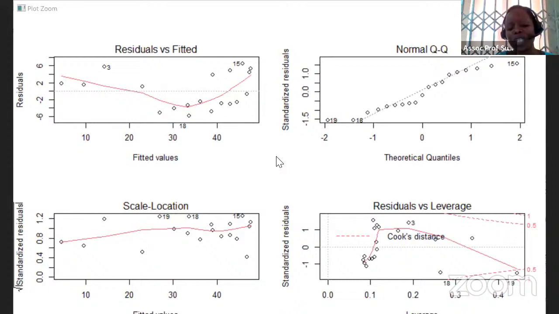We do not need a complicated model. A complicated model is difficult to interpret and it is expensive in terms of data collection. That means you're going to collect more variables than for a simple model. So if you have a simple model explaining above 70% of the variation in the response, then that model is really good. Okay, so I'll stop sharing this.